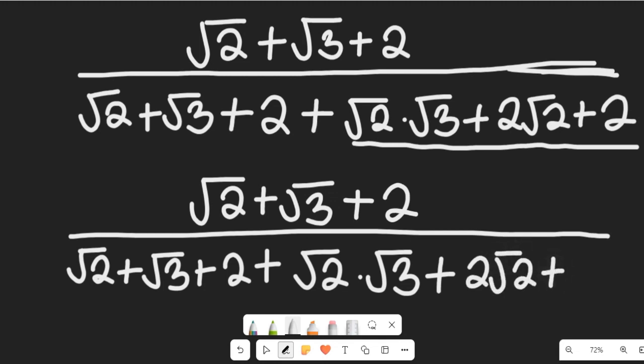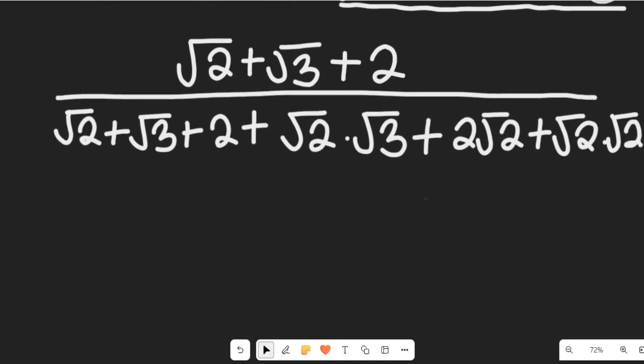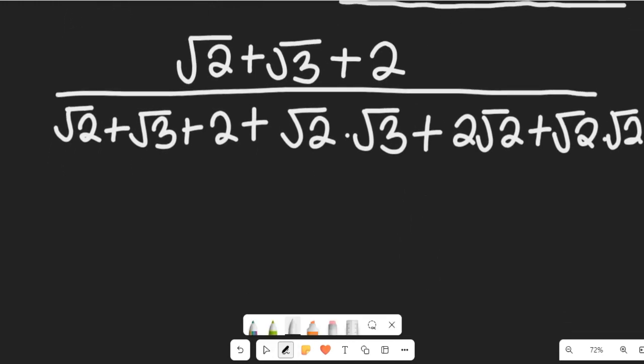Now, to simplify this, I can simply have this as root 2 multiplied by root 2, because root 2 times root 2 is simply going to give me 2. Great. Now let's simplify further. You see the reasons why I did that.